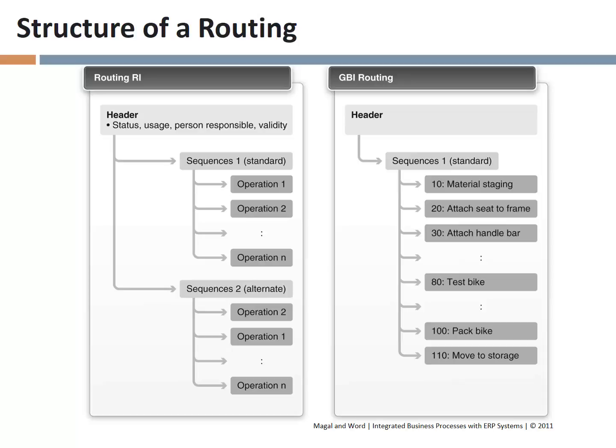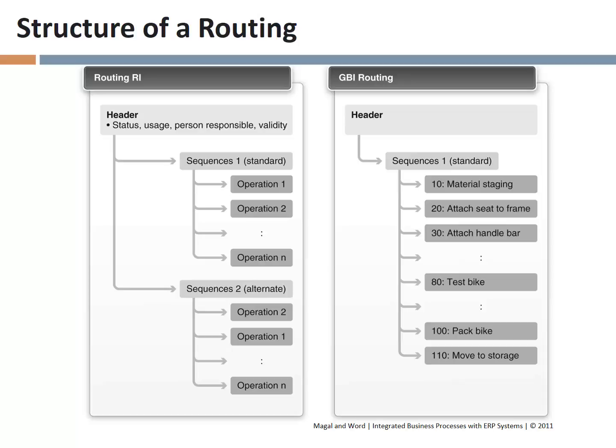And then we have a set of sequences here that have operations. So you'll notice the idea here is whatever this product is, here's the standard way we make that product. We engage in operation 1, then operation 2, and so on through all the different steps. But then we could also have an alternate sequence that we could use if perhaps some of our work centers have equipment that's not working, or for whatever reason we might need, we can have alternate sequences specified in the routing as well.